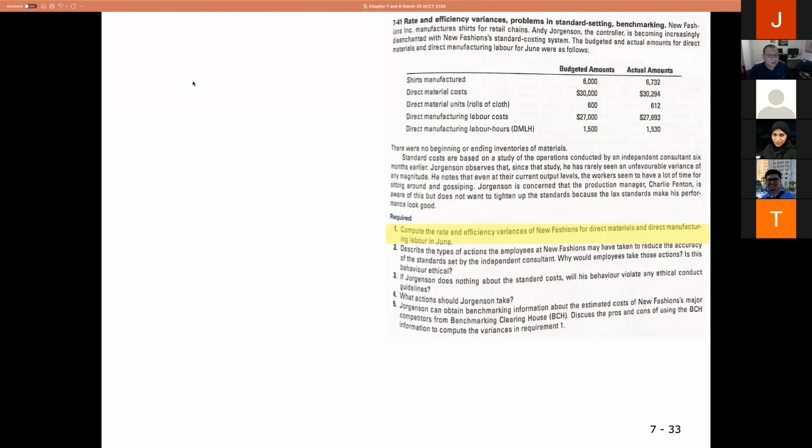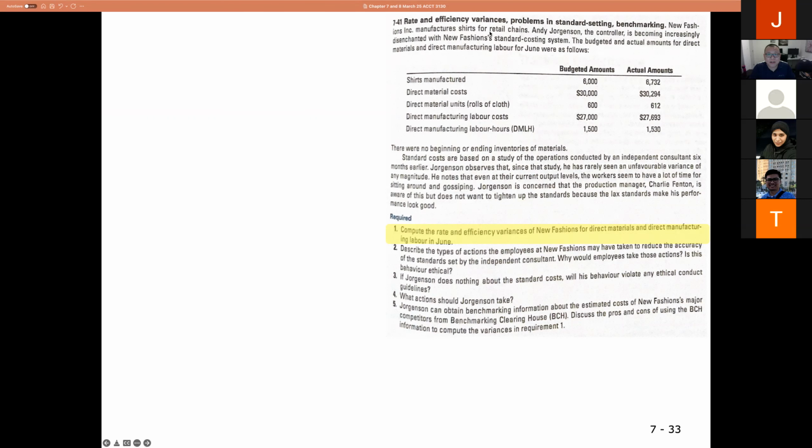Okay. So tell me first, what is the output in this context? What is the output, the stuff this company is producing? Rolls, 600 rolls. Okay. Anybody else? Shirts. Okay. Yeah. They are saying they manufacture shirts for retail chains, right?